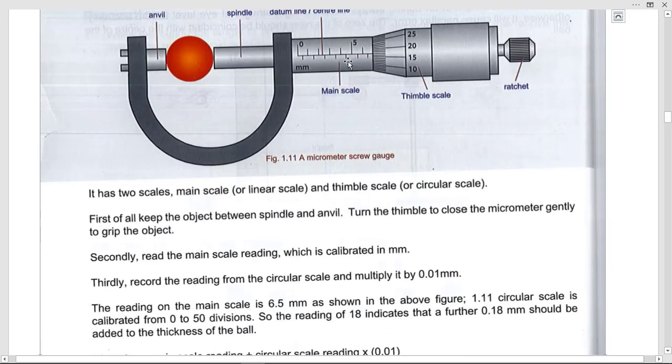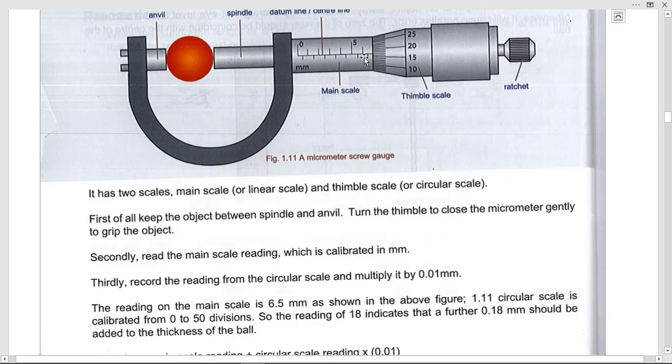Once again, on the main scale, be careful, whatever unit you find here, you have to follow that one. After that, you have to see what each line is representing. For example, here each upper line is representing 1 millimeter, and the lower lines are representing 0.5 millimeter.